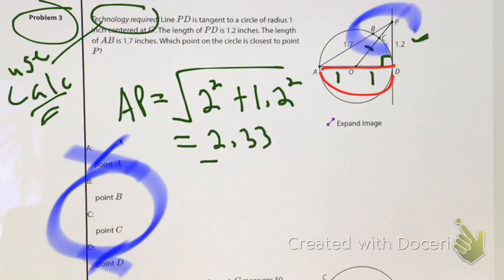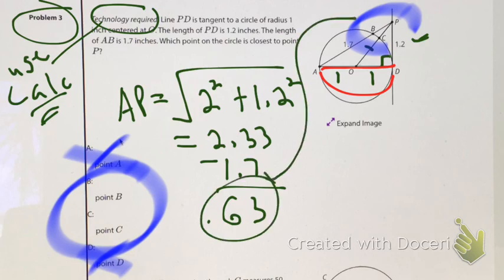And then I'm going to take away the 1.7 because I don't want that. I want what's left. So I've got 0.63. Doesn't say inches, does it? Does say inches. So that right there is this side length here from P to B. So that tells me how far that is away.